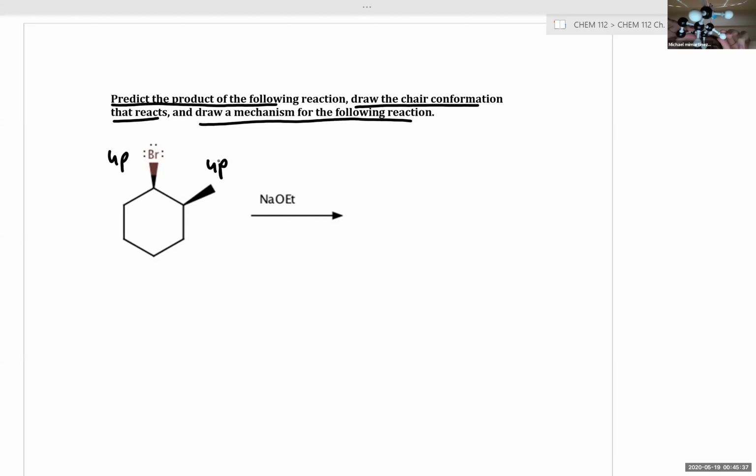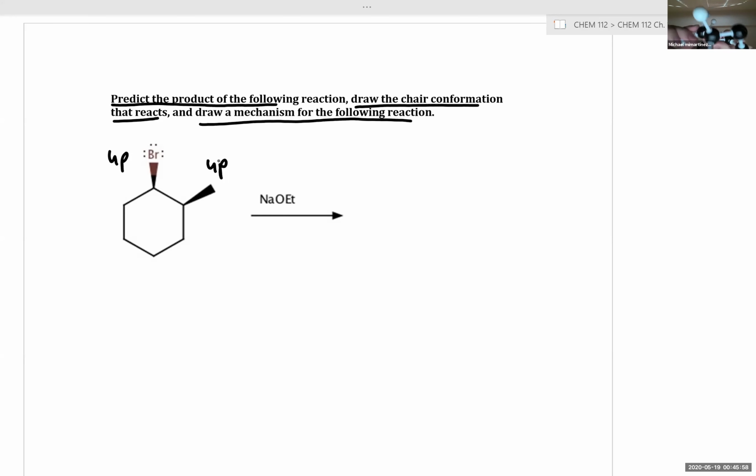Okay, so here is the model. Here's the model of our cyclohexane system. So we notice that both our hydrogen and our methyl are pointing towards us. Both our bromine and our methyl are pointing towards us.